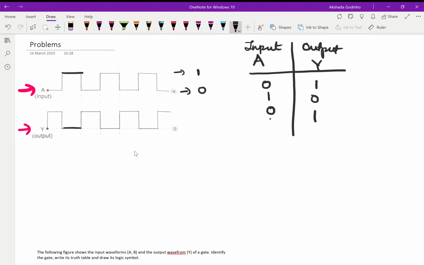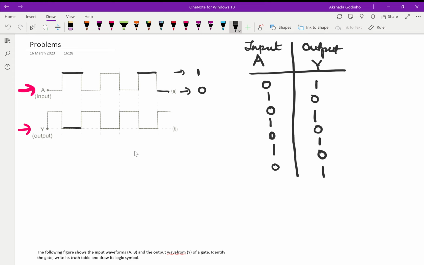Then input is 1, output is 0. Then again input is 0, output is 1, input is 1, output is 0, and the last one is input is 0 and output is 1.